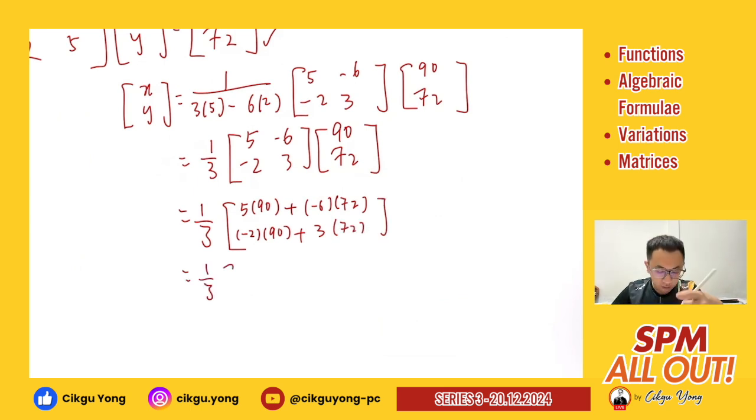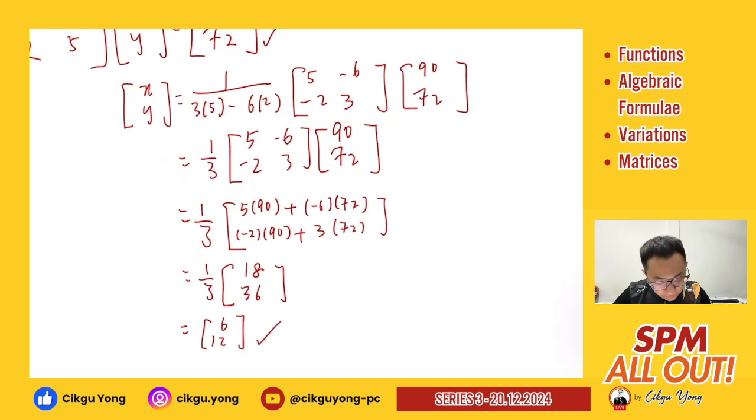Checking your calculator, 5 multiply 90 plus negative 6 multiply 72, you get 18. Then you have negative 180 plus 3 times 72, you get 36. And that's it. Use your 18 and 36 divided by 3. So you have 6 and 12.